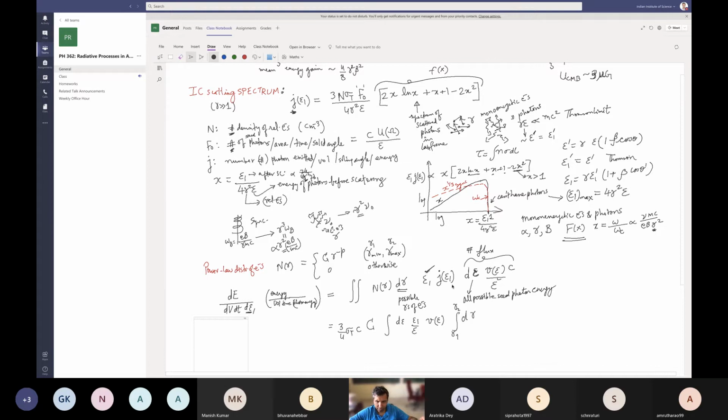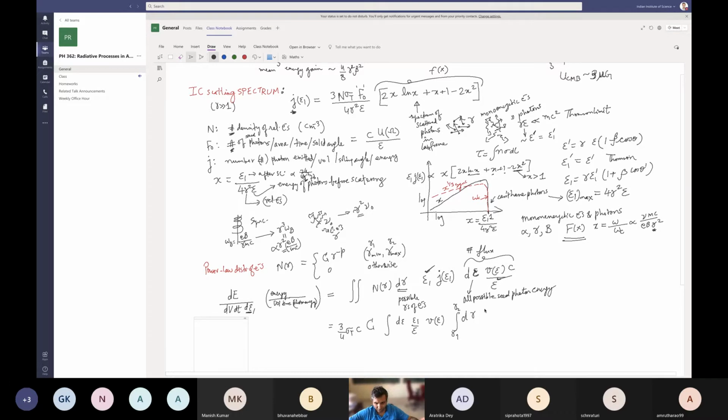Now we have n gamma, which is nothing but C gamma to the minus p, and there is a 1 by gamma squared.